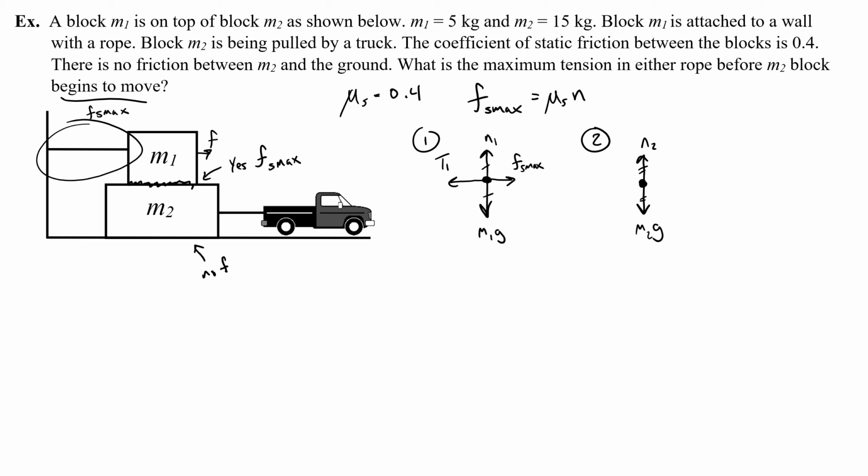And then there's going to be tension in this rope right here. Because this is a second rope, I'm going to call this T2. And then there will, of course, be the friction between these two blocks, which, as M2 goes to the right, is going to be experiencing a force of friction pushing back on it, like M1 is holding M2 back as it tries to move right.